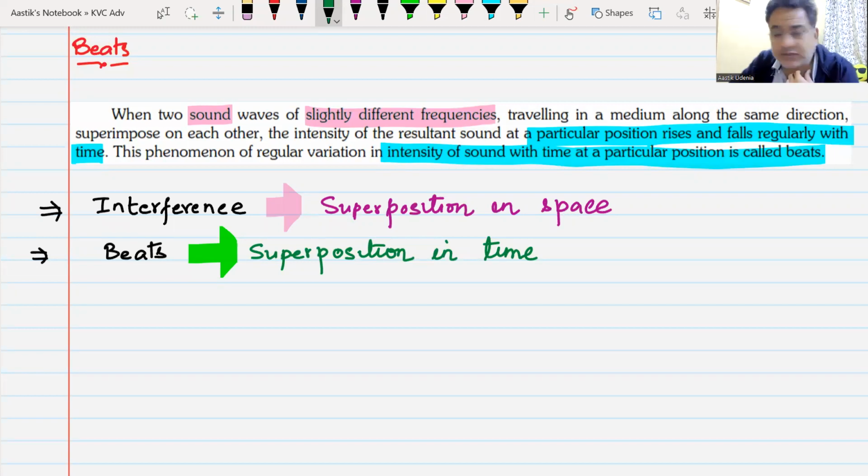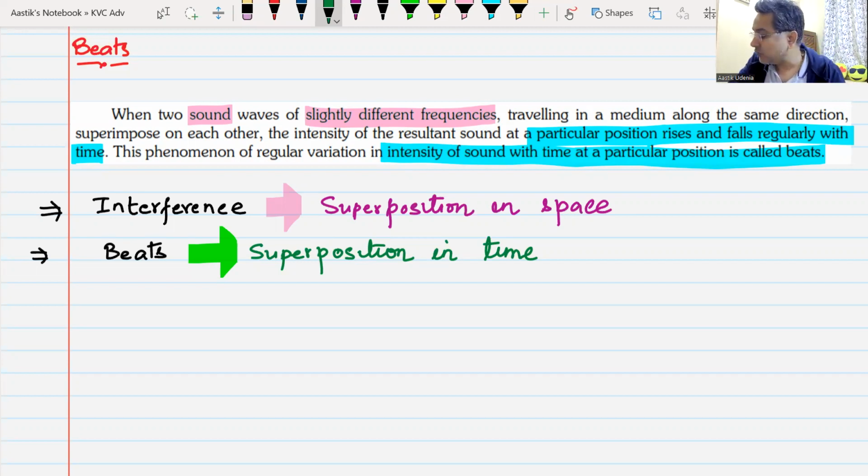There are certain terms that you must remember about beats. First, understand them, and then I will give you time to note them down. The first term is one beat.